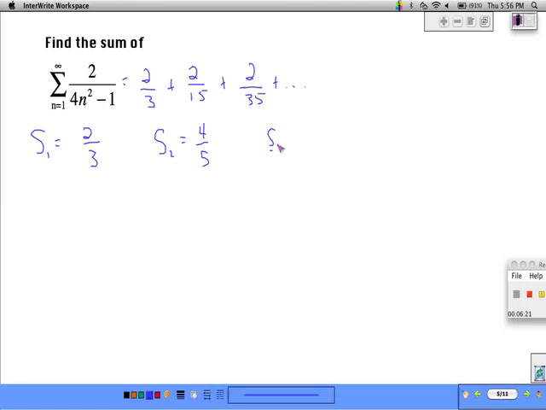The third partial sum is 6/7, and the nth partial sum can be found by taking 1 minus 1 over 2n plus 1.